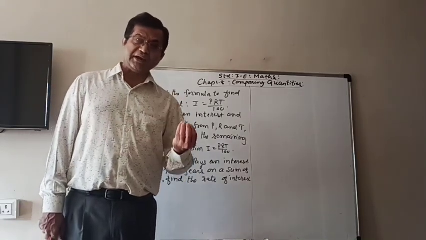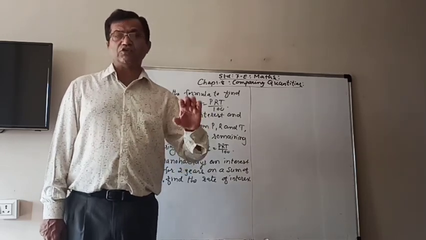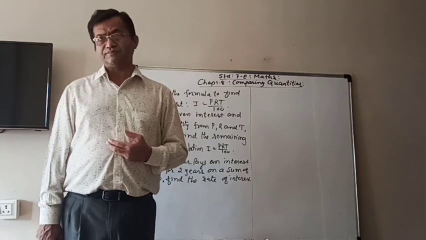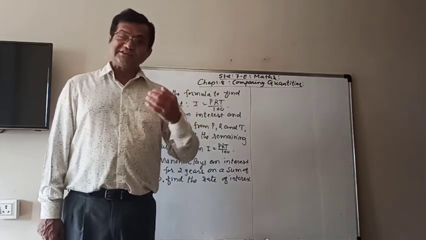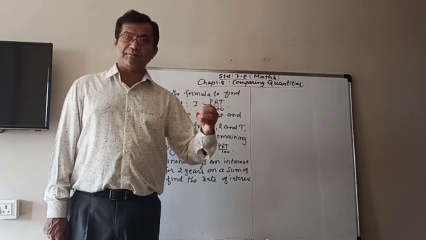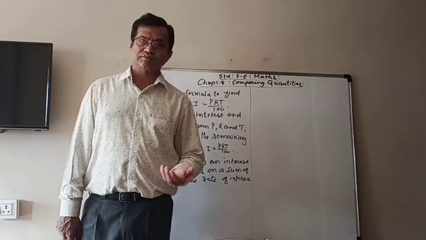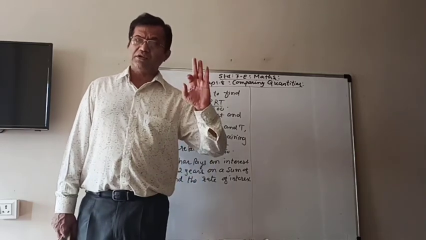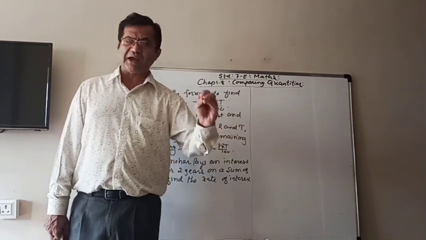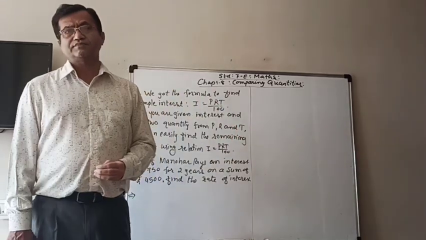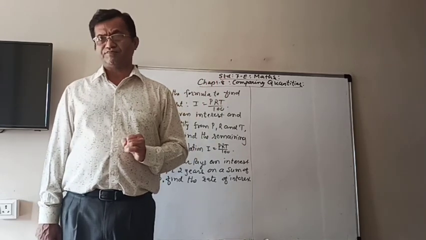Maybe the principal and rate of interest are given, and interest is given, we have to find the time period. Sometimes we have to find the rate of interest, or sometimes we have to find the principal, that is, which amount was borrowed. For that also, we simply use the same relation I is equal to PRT upon 100 and put the values of I and the given two quantities.